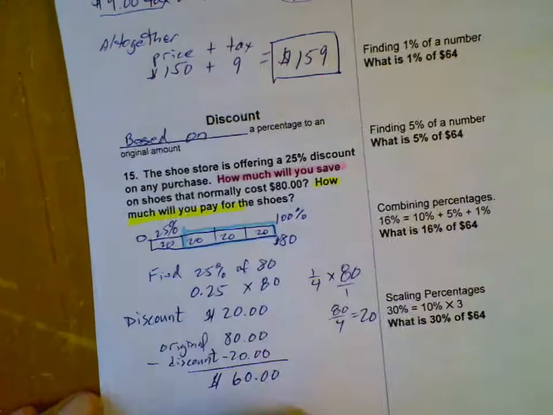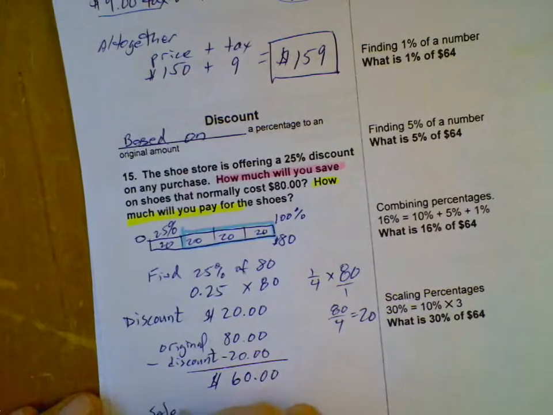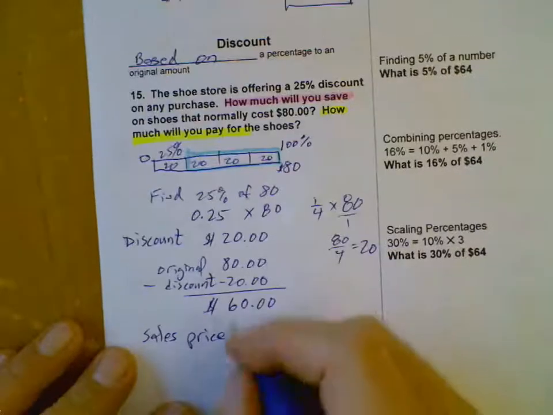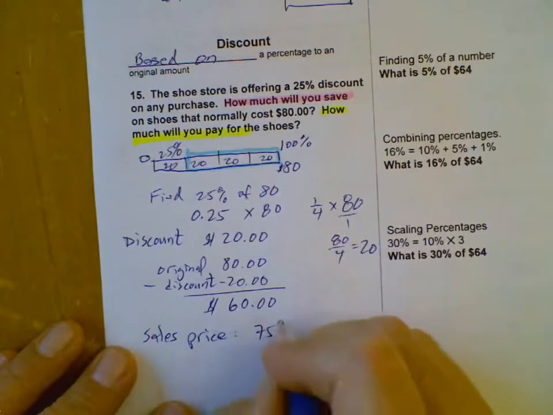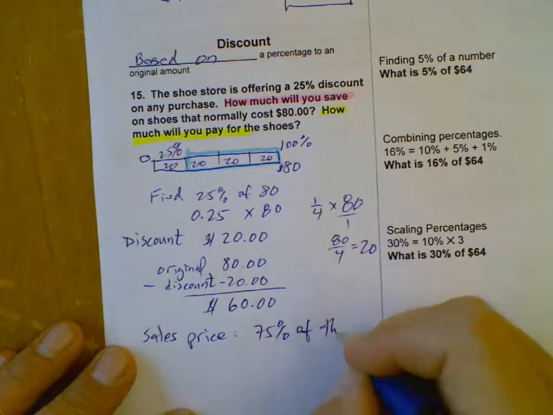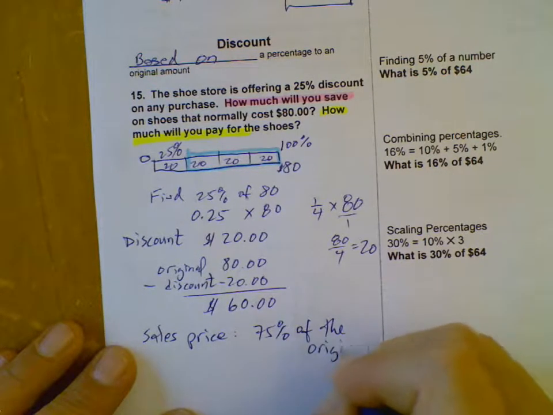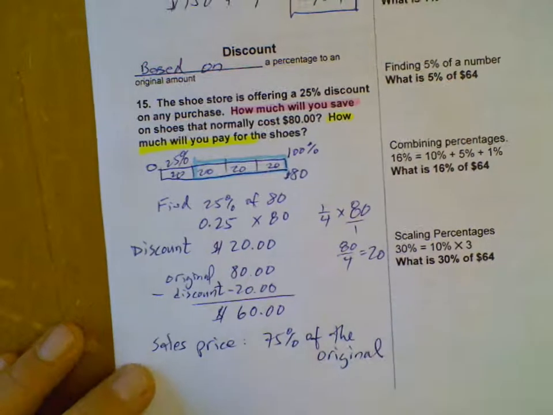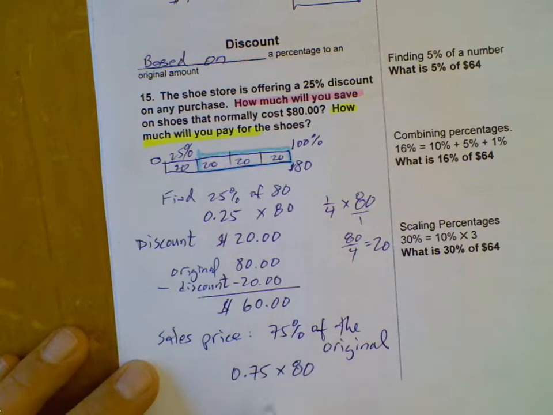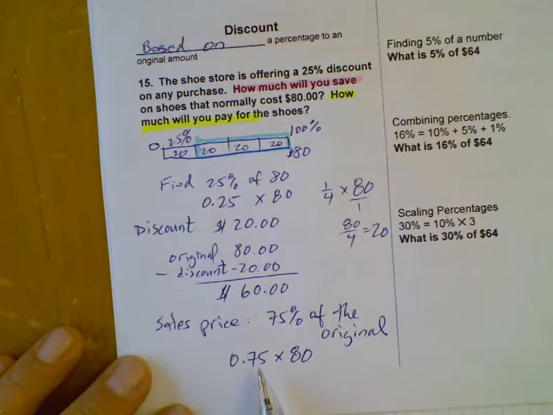Well, so the sales price, I should say that, can also be seen this way. Sales price is 75% of the original price. So the nice thing about this is this calculation tells me what the sale price would be directly.